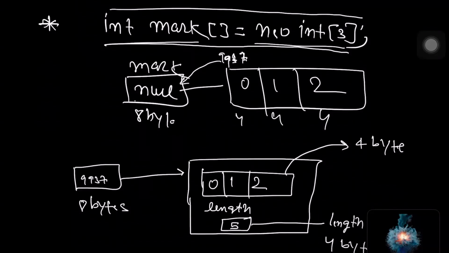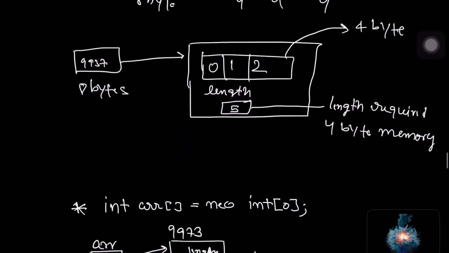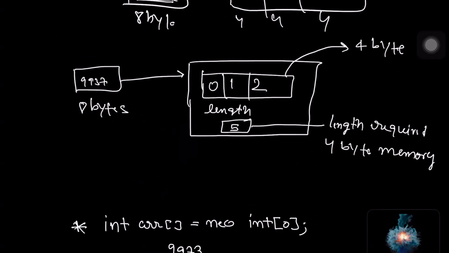It will take a place first and it will occupy 8 bytes, which have the default value null. Then this block will get created, and the starting point of this block has the memory address 9937, which replaces the null. So this will hold a memory reference address.